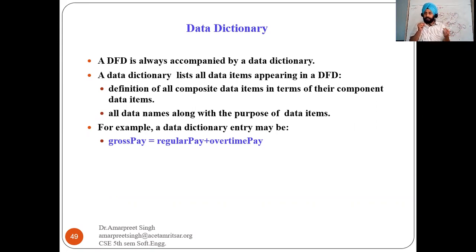It also has all the data items along with their purpose. What is the need of the data item? What is the definition? What is the purpose? All that is noted in the data dictionary. Next.